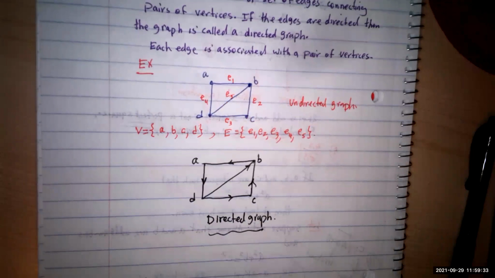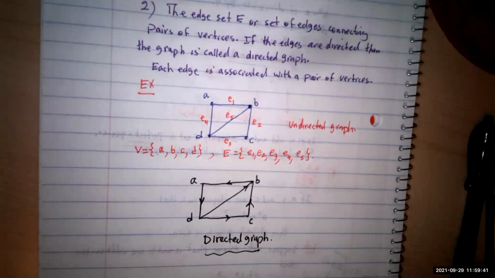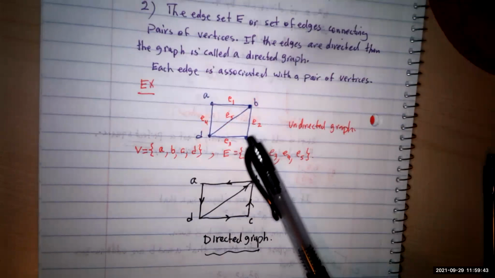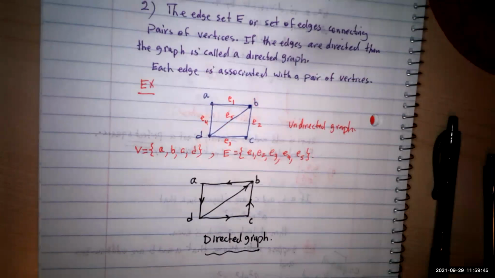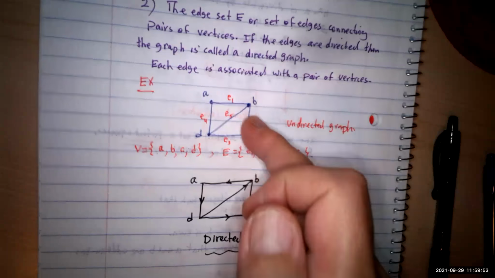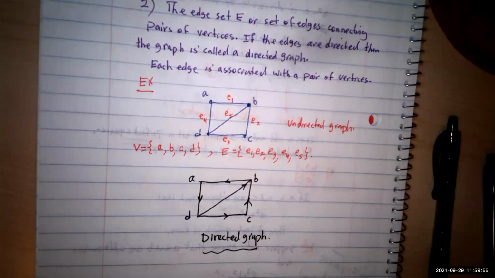Now, there are some terms that we're going to use to be able to give you some theorems. We are going to stay with the undirected graph, because when you get to directions, you have to modify your definitions. So I stay with this one and give you some definitions. The most popular one is that each vertex has a degree.